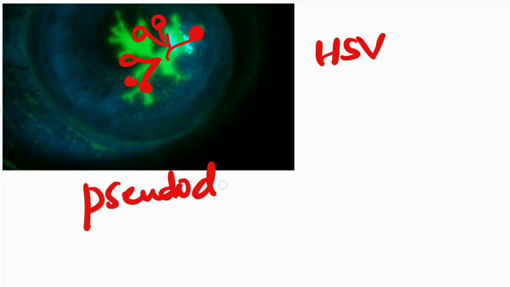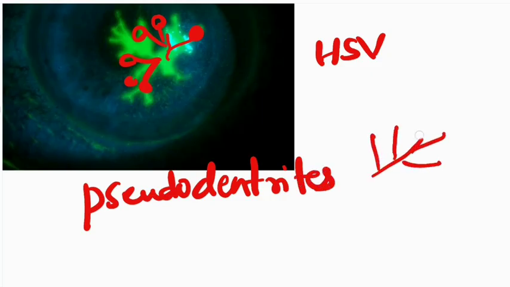Now my question is, where do you see pseudodendrites, meaning a similar pattern but there are no bulbs at the end? You will see a tree-like ulcer only, but in HSV I told you at the end there are going to be terminal bulbs. But in another disease condition, the ulcer again looks like a tree-like, dendritic pattern, but at the end there are no terminal bulbs.